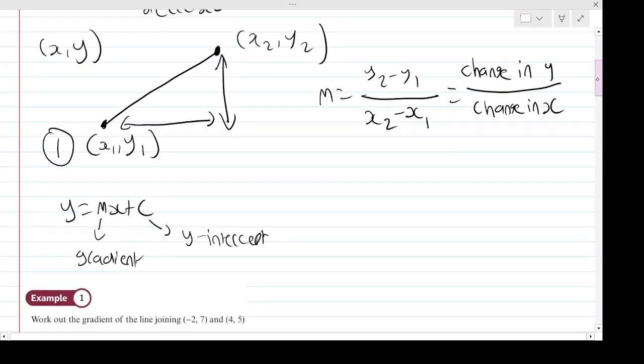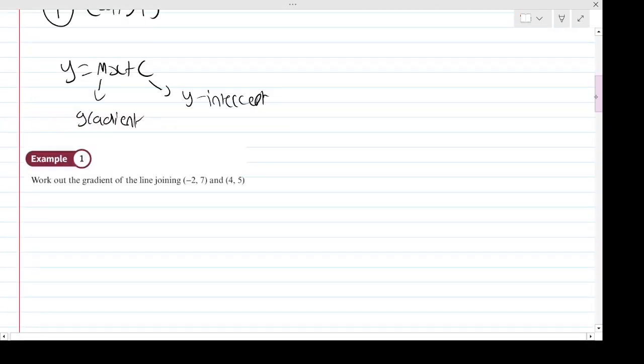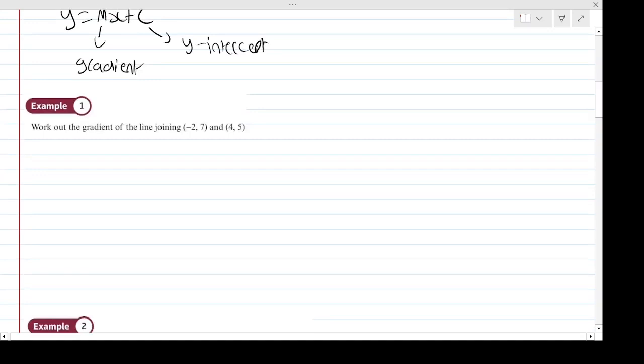Cool. So let's have a look at this example then, this first one. First of all, it's asking us to work out the gradient of the line joining (-2, 7) and (4, 5). Okay, so gradient then is just going to be your change in y over change in x.